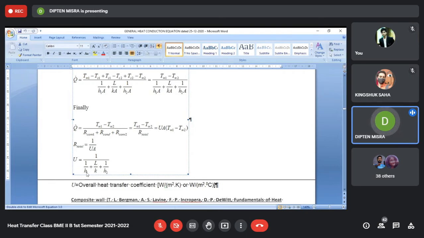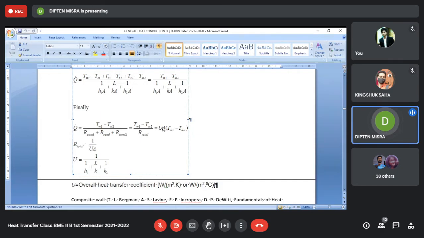U is called the overall heat transfer coefficient. This is something like the heat transfer coefficient considering one side of the fluid. But this takes care of the case where you have a wall and across that wall there are two different fluids, and both the fluids are convecting into the wall and out of the wall. Then that overall thing is taken care of by this U value.